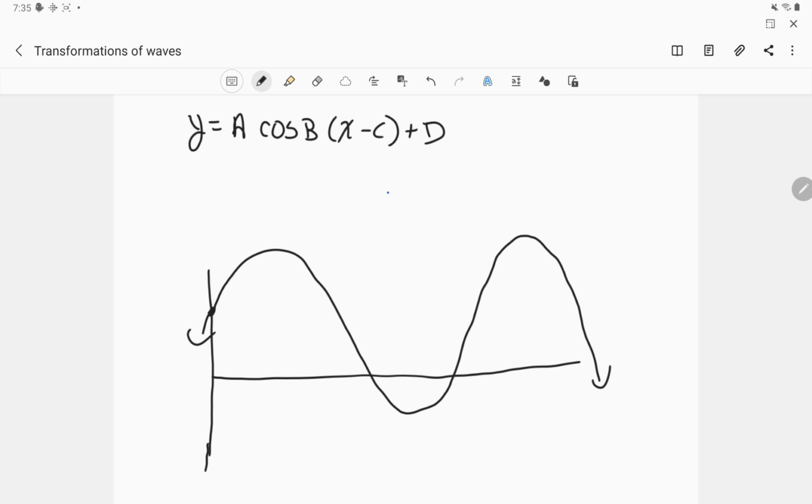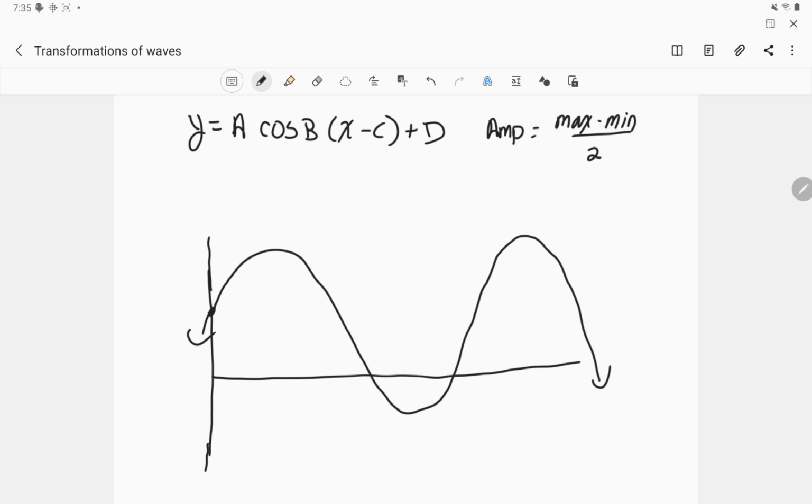Now, it tells you that this is a cos wave. So there's some logical reasoning skills we're going to need to use here. All right. So the amplitude for the A, oops, sorry, that was me. The amplitude is your maximum minus your minimum divided by 2.